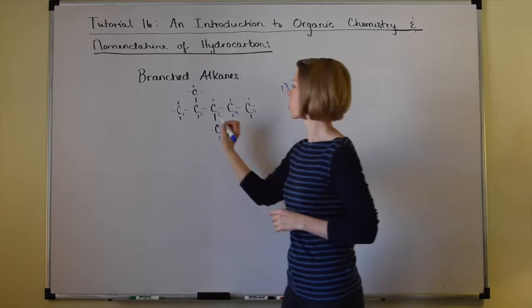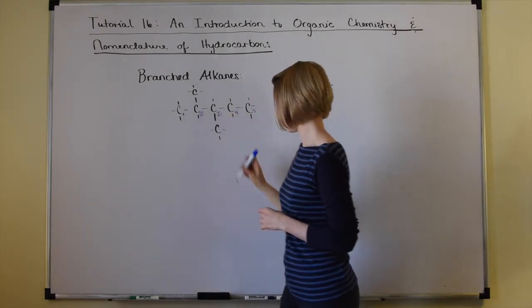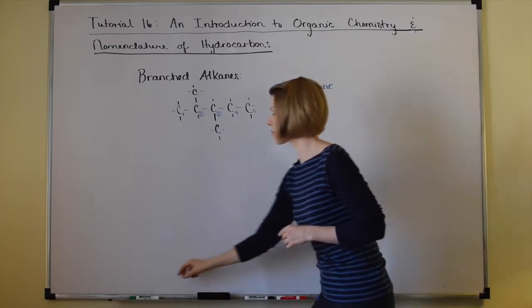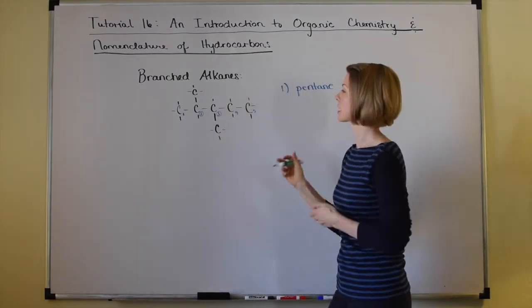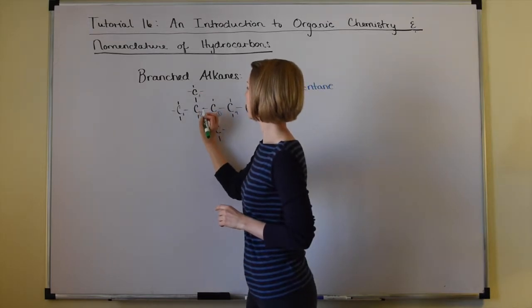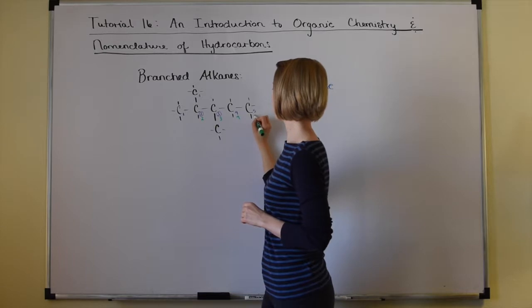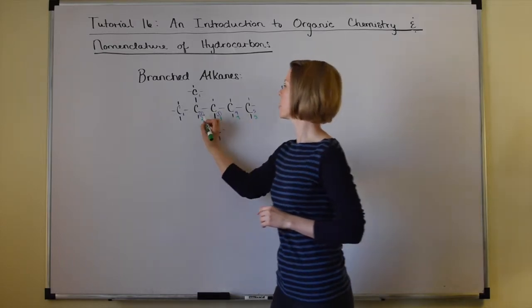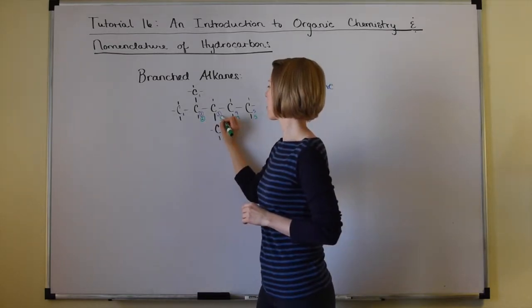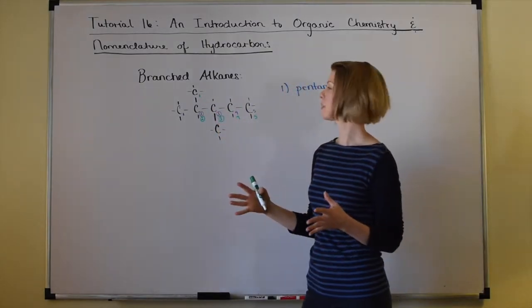Then our branch groups are occurring at the 2 and the 3 position. Let's try some other ways to number this chain. So if we start from up here, 1, 2, 3, 4, 5, we still come up with 2 and 3. So those 2 ways of numbering are both equivalent.